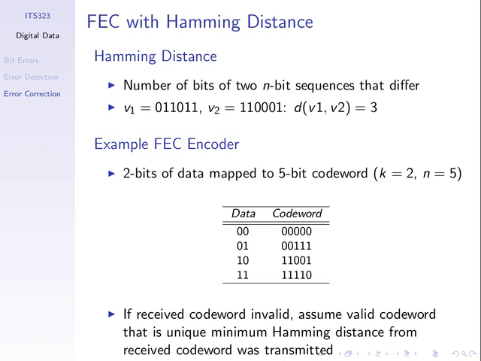Let's consider another example. First, without increasing the number of bits, let's consider, instead of this table, we had slightly different. The mapping was this.